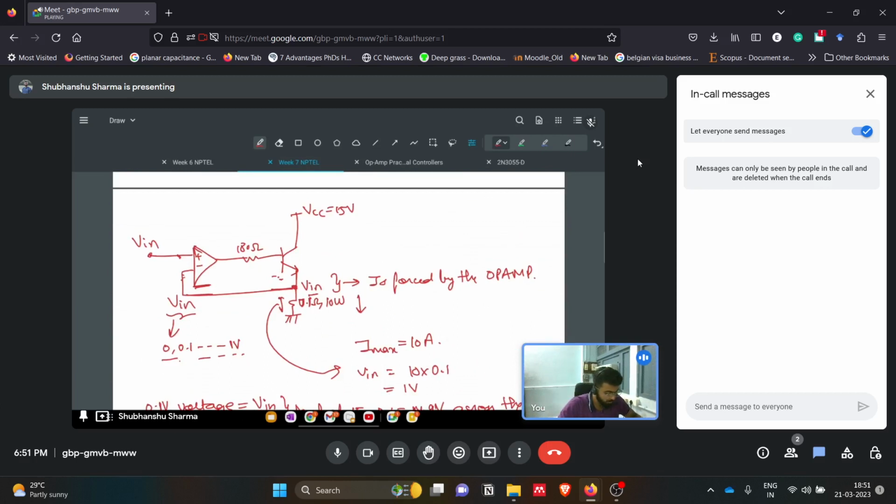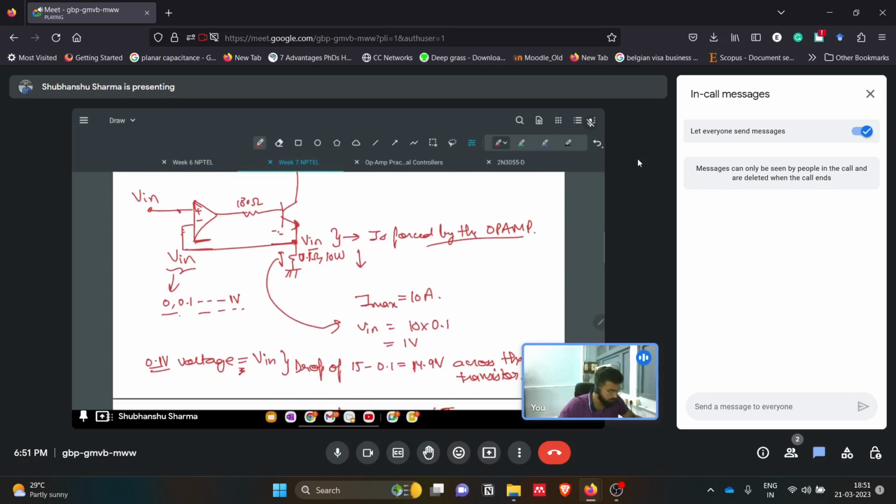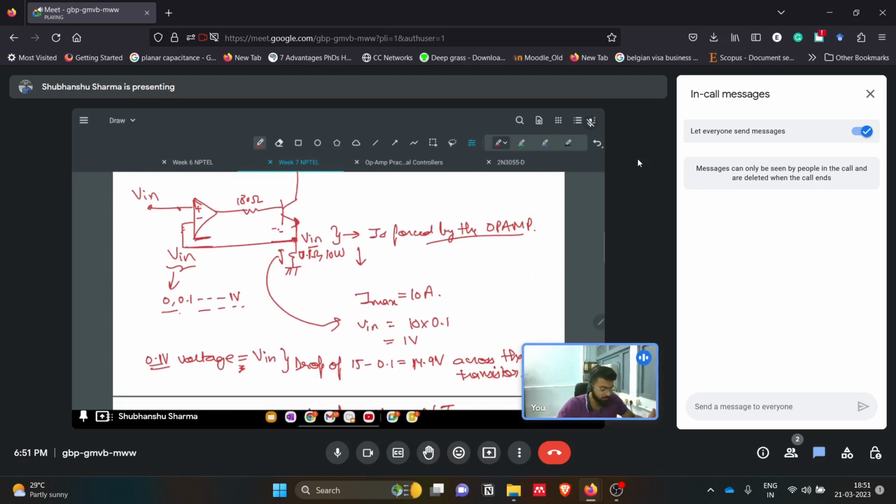For that, we gave one input, and this input was being forced by the op-amp at the output of this emitter junction of the transistor. So we saw that by changing the input voltage V in steps of 0.1 volt, we can vary the voltage across the emitter of the transistor.